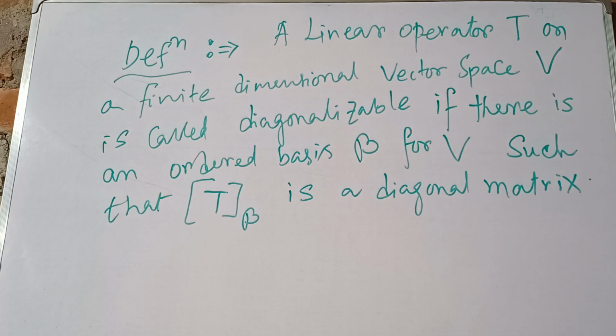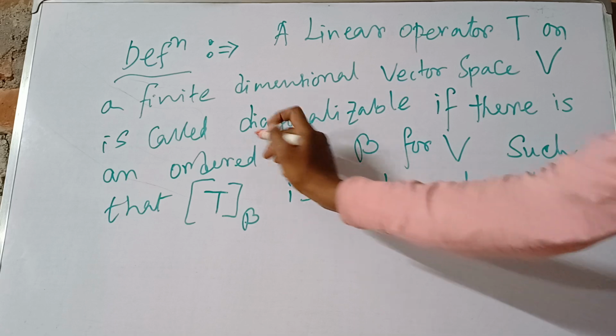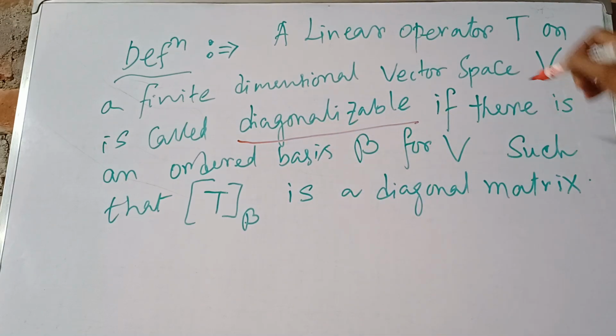Then we call this linear operator diagonalizable. I understand this one, just a linear operator is called diagonalizable.